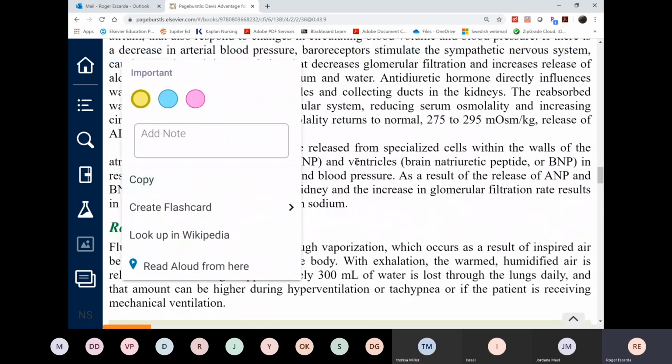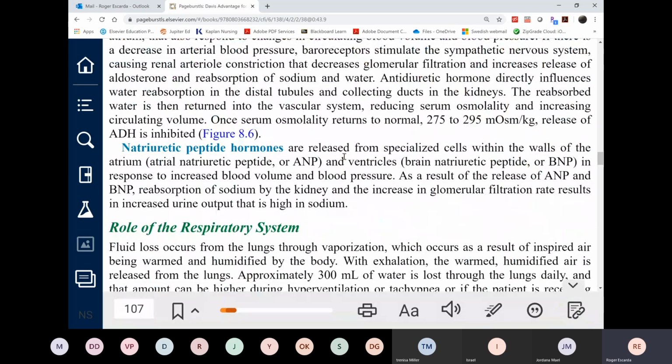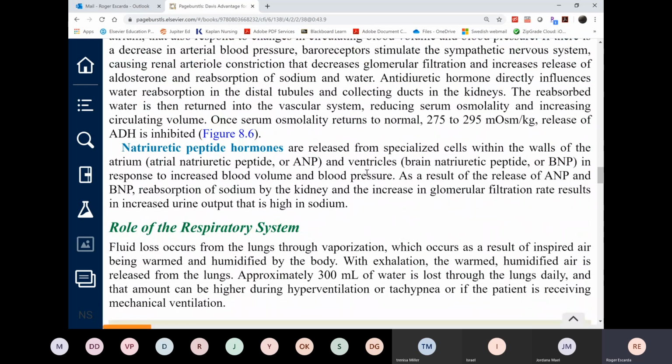We have A, or atrial, and we have B, which is brain natriuretic peptide. Although it says it's in the brain because this was first discovered in the brain, it's actually produced by the ventricles of your heart. So we have two here. We have A-type and B-type natriuretic peptides, these are counter-regulatory hormones.